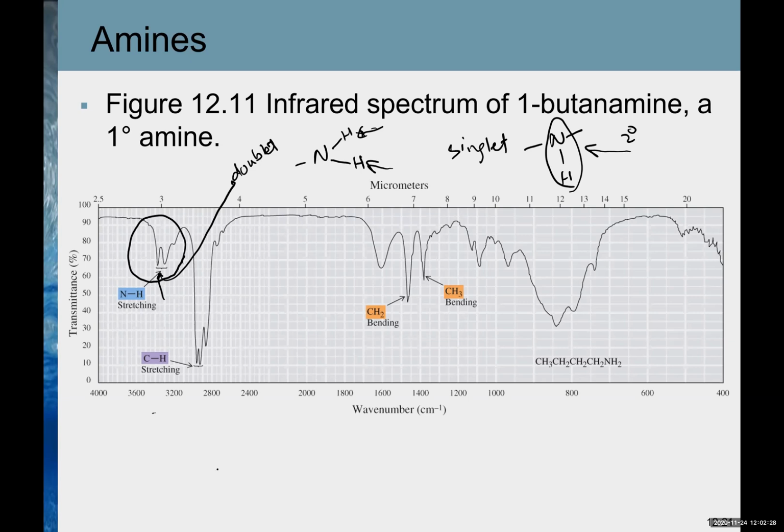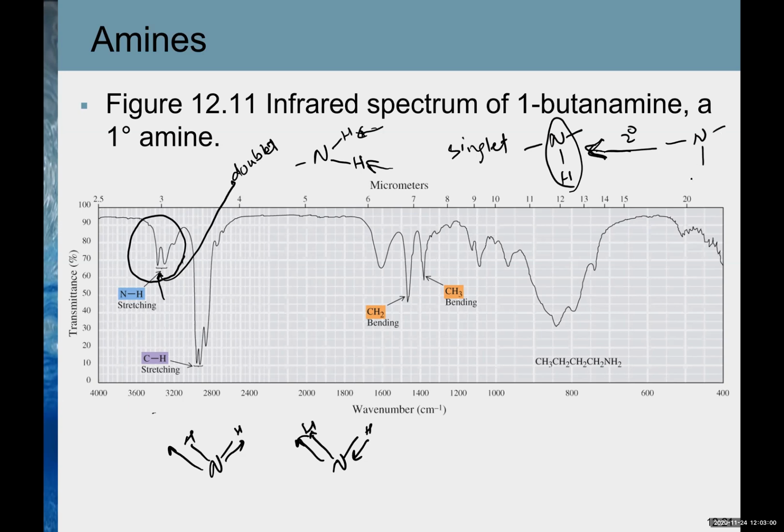The doublet in a primary amine is because one peak is from symmetric stretching and the other peak is from asymmetric stretching. In a secondary amine, there is only one NH, so there is no meaning of symmetric or asymmetric, so that's why we get only one peak. How about tertiary amine?